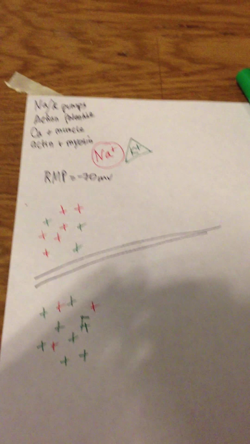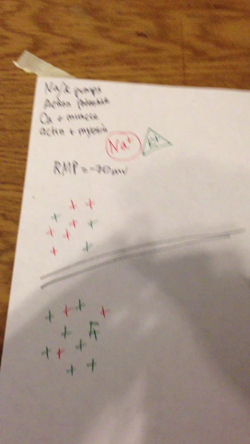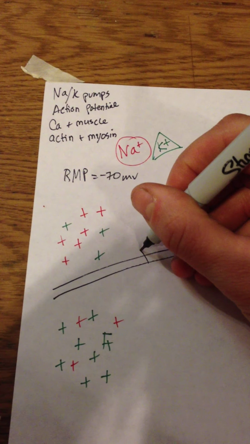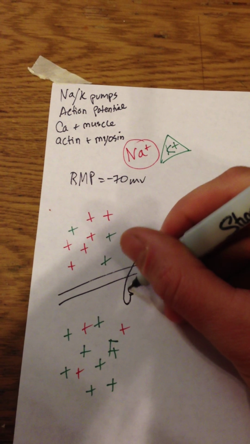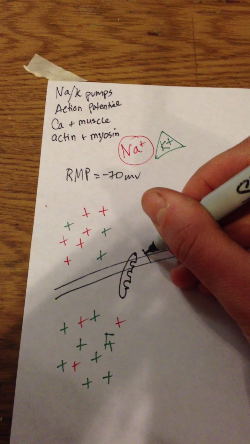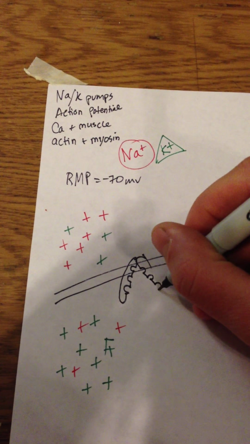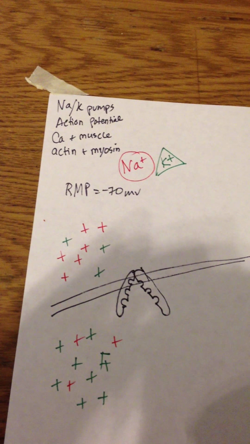So what you have to do to get them across, to create that negative 70, is you have these pumps. This sodium-potassium pump is a form of active transport, and you need energy, so we're going to use ATP.